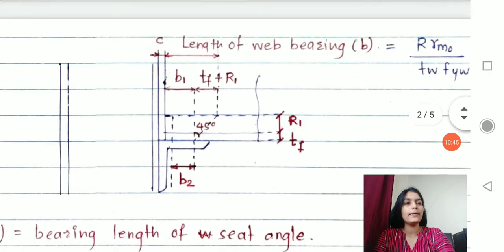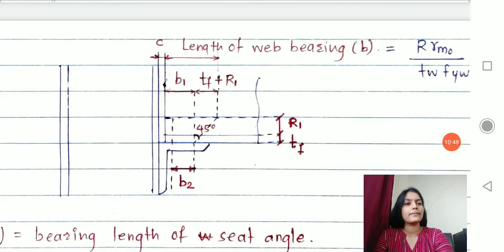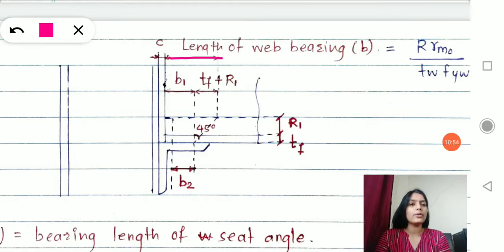Come to this figure now. In this figure you can see this distance. This is the length of web bearing. What is the length of web bearing? Now you have connected one beam, which is actually an I section, and I sections come with flange and web. The web of that I section which you are using as a beam has its own capacity to bear the load.